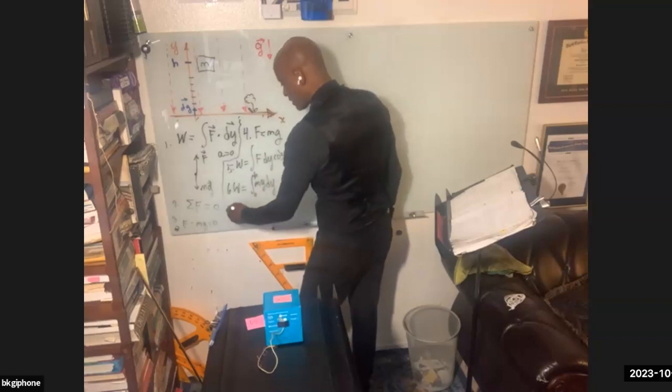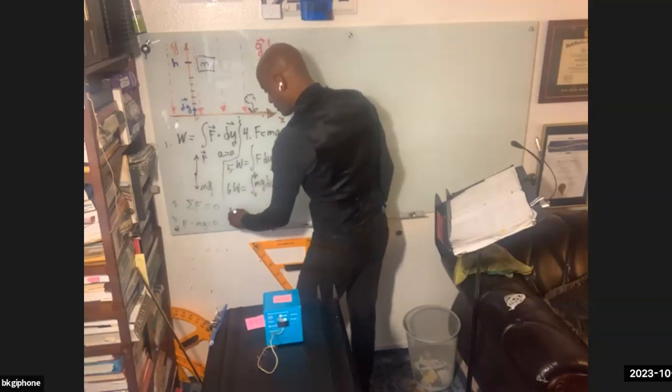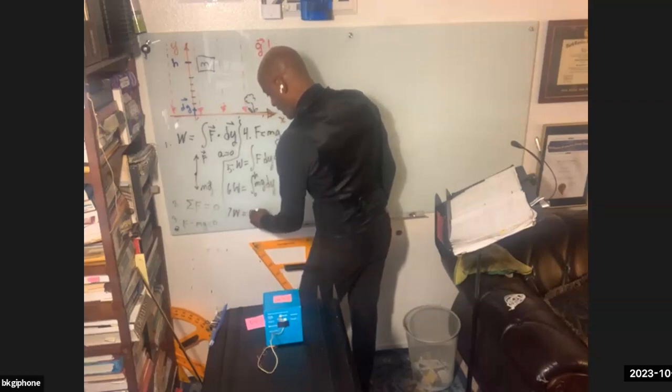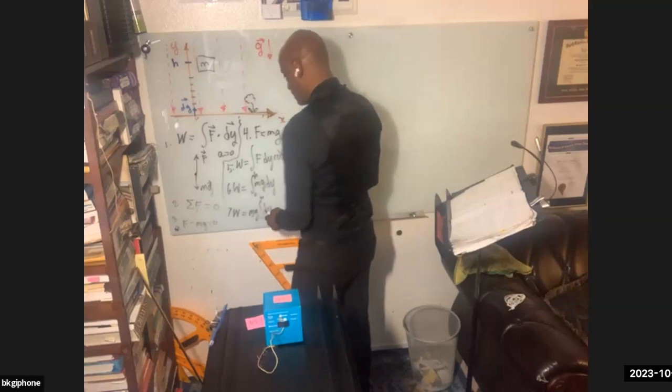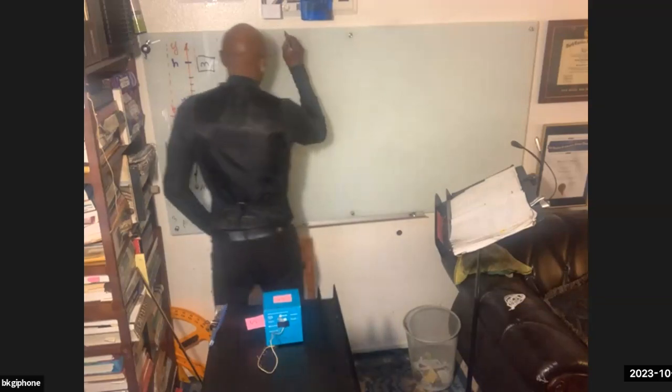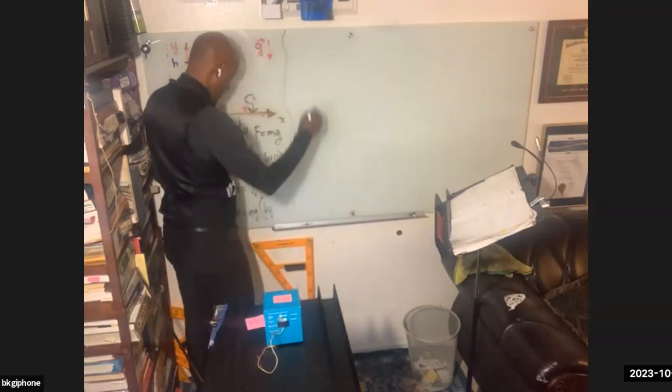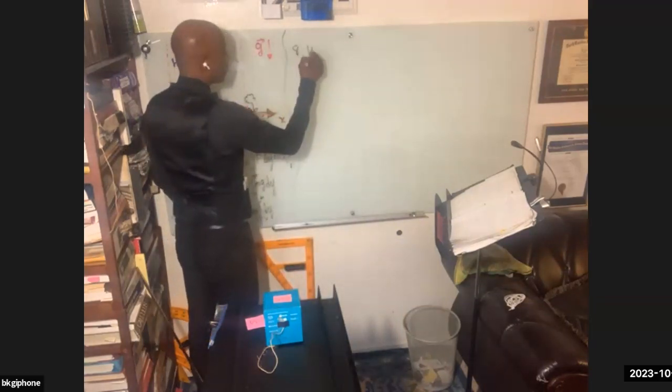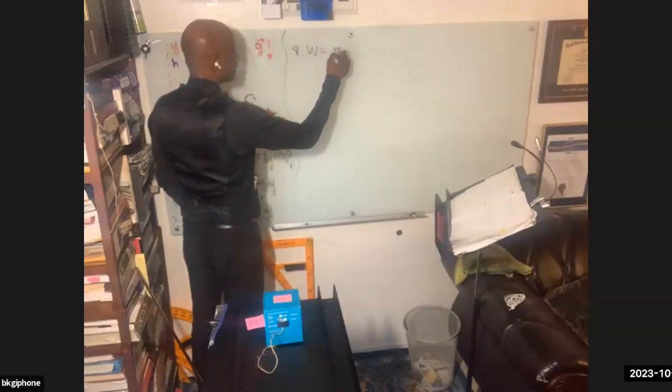Now mg is a constant, so it comes out of the integral. So the work that I do on this object, if I pick it up at a constant speed, is mg times the integral of dy from 0 to h. And so the work is going to be equal to mgh.